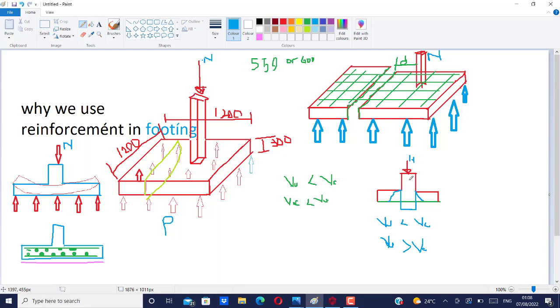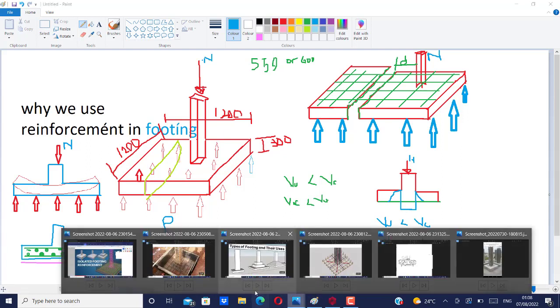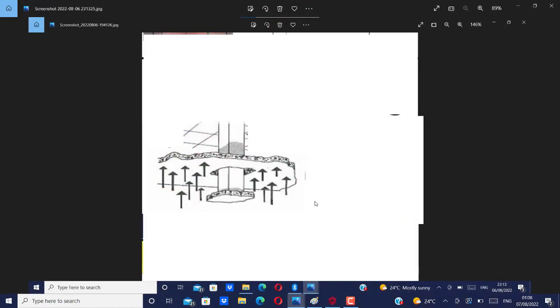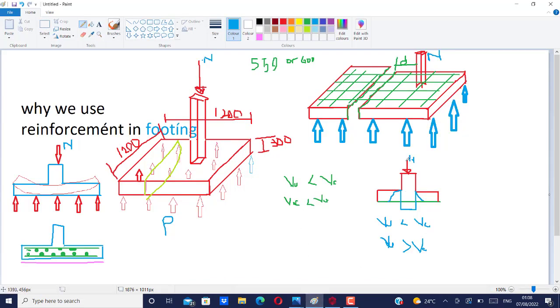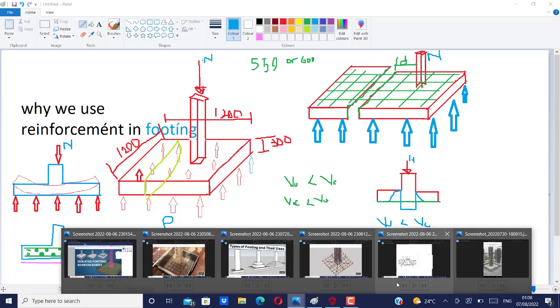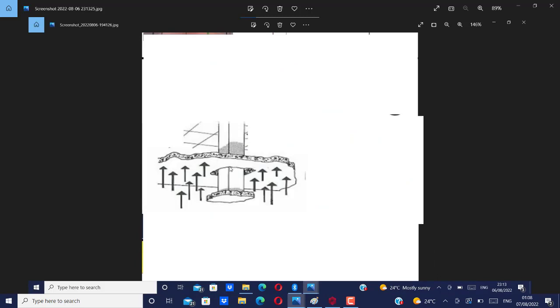Now let me try to show us a picture of how possibly this column can puncture through our slab. Look at it here. If the thickness is not sufficient, can you see when the column load is acting here, which is what I have tried to sketch here, how this column punctures through this slab?